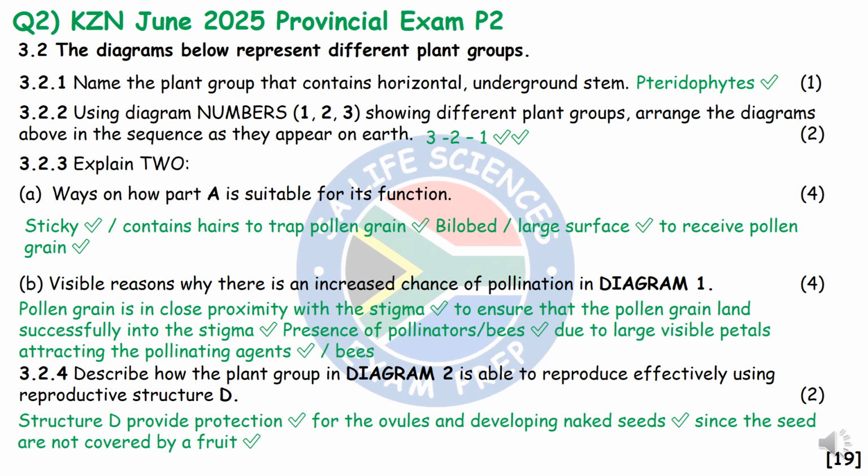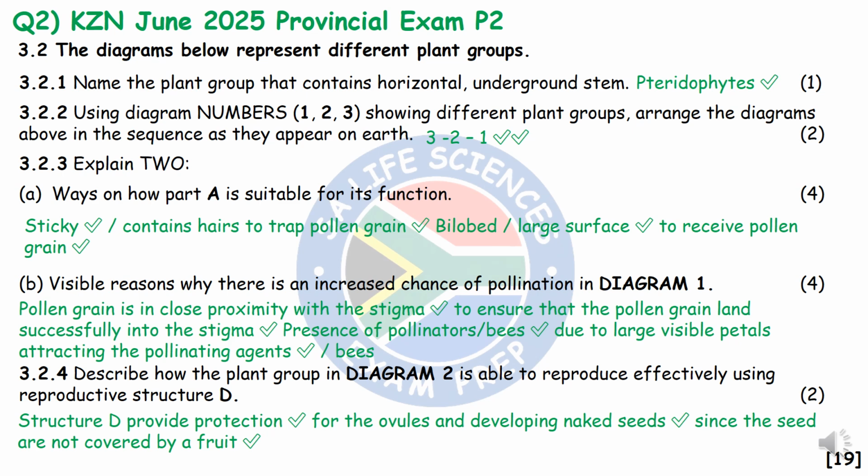This ensures that the pollen grain lands successfully into the stigma. The presence of pollinating bees due to large visible petals attracts pollinating agents. So there is a very high chance of pollination because of the presence of pollinators such as bees, which are attracted to the large petals.